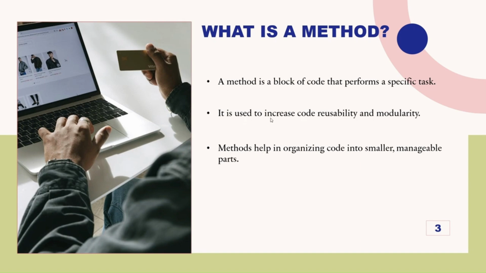So it is used to increase code reusability and modularity. Methods help organize code into smaller and manageable parts. Basically, a method is a protocol, meaning how your method behaves. It's called a protocol or instructions provided to your method.